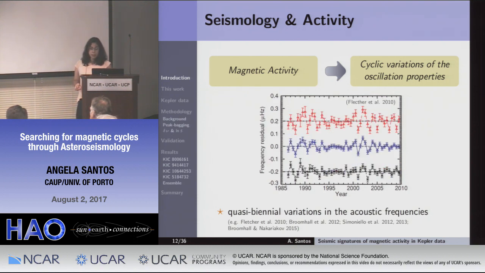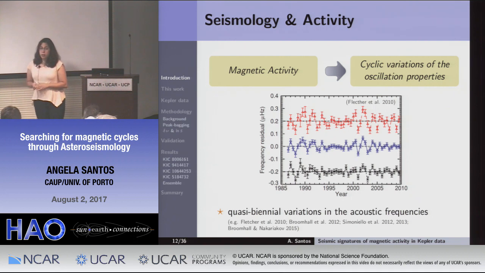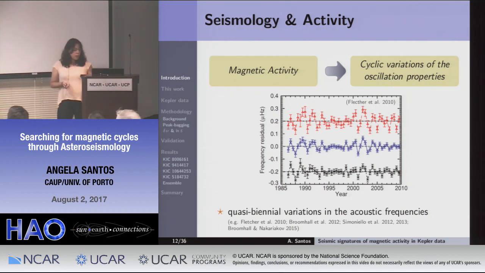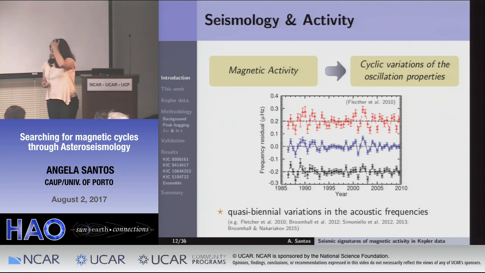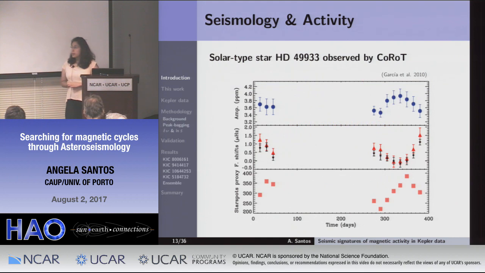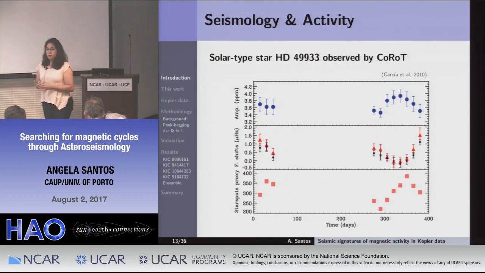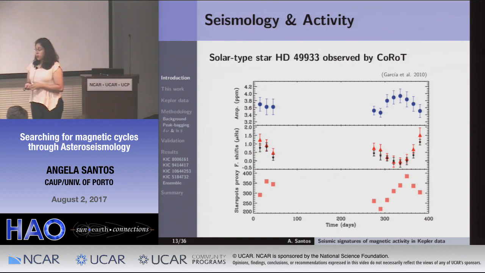So this is basically a brief summary of what we know for the Sun, of how the properties of the acoustic oscillations are affected by magnetic activity. But we expect that these kinds of activity-related variations in seismic properties are common among solar-type stars.